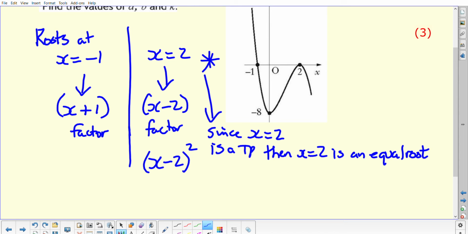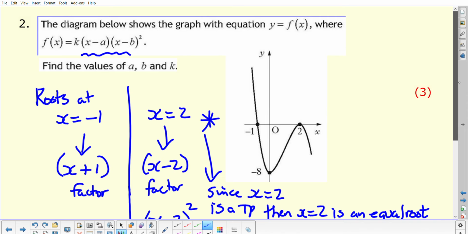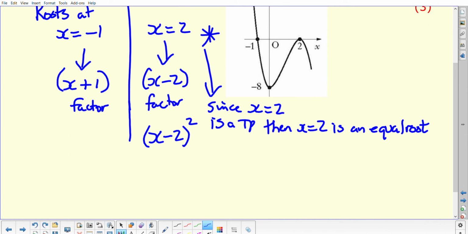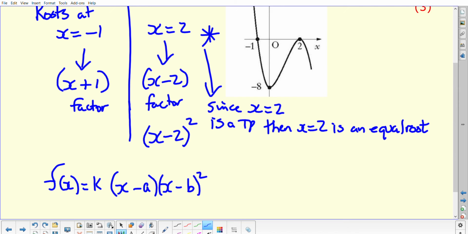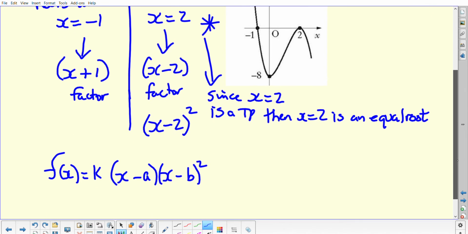So that should help you get started on this question just from interpreting the graph. So our f of x, we've got f of x equals k times x minus a, and you've got x minus b all squared. That's the routine on it.